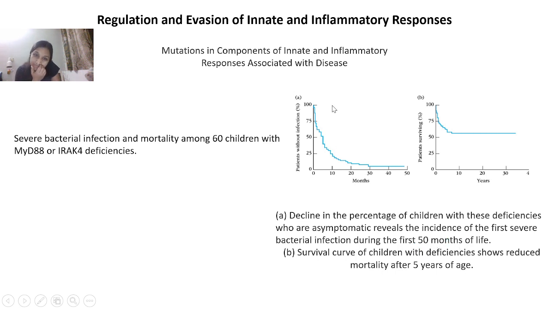As the months increase, the percentage of patients without infection declines among children with these deficiencies. So you can understand how important all the components of this innate immune system are, and they can also lead to mortality if there is any kind of mutation.